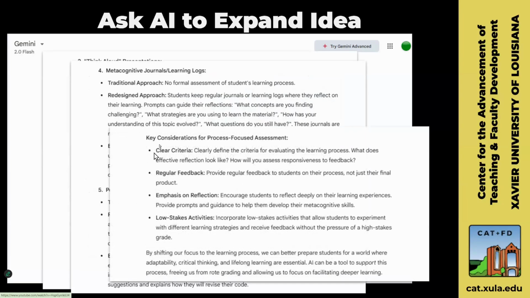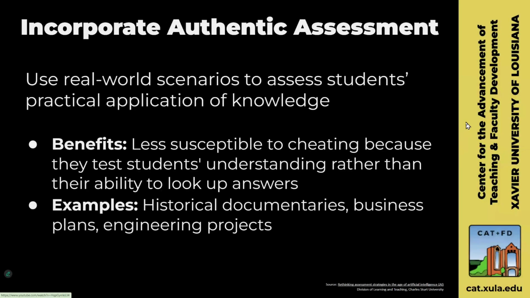And then finally, it ended with this, have clear criteria, clearly define the criteria for evaluating that learning process. Provide the students with regular feedback, emphasis on the reflection, and then about low stakes activities. So any of these that I'm presenting here to get additional ideas, suggestions or whatever, like I said, you can take advantage of the AI to get those.